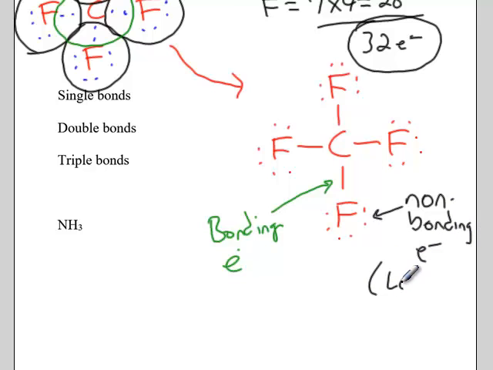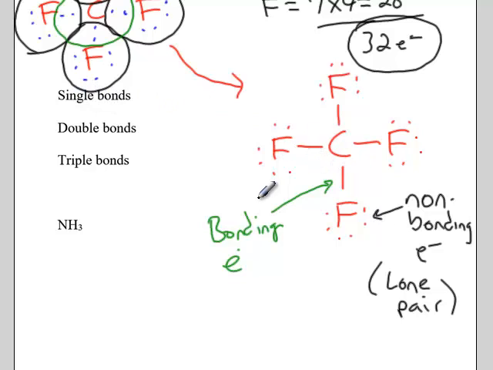And non-bonding electrons can also be called lone pair electrons. So this would be the correct Lewis structure, showing all the bonding and all the non-bonding electrons in carbon tetrafluoride.